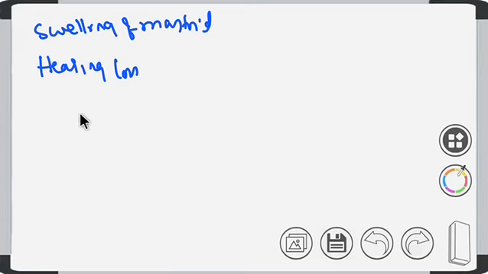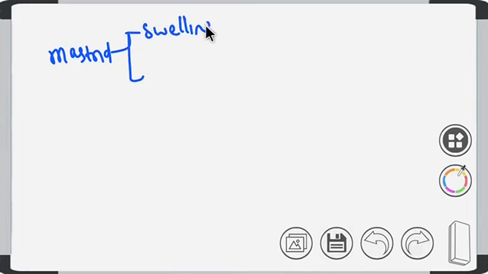Okay, what are the signs and symptoms we have seen? Let's revise once again. On the mastoid, what are the symptoms? We have swelling, tenderness, and pain also, right?